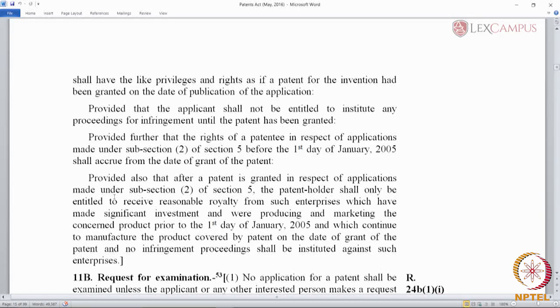Now, this one provision tells you that there are 2 publications. One, the first publication is the date of publication of the application, and the second publication is the patent for the invention has been granted on the date of publication of the application. So, this provision itself tells us that there are 2 timelines.